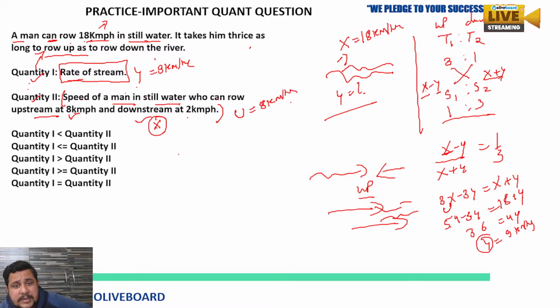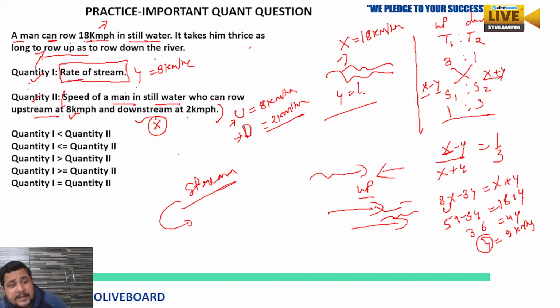Downstream is d, that is 2 kilometer per hour. So we need to calculate the speed of the man. If you know the upstream and downstream speeds, then you can easily calculate the separate stream speed and the boat or man's separate speed, in still water, when there is no flow.